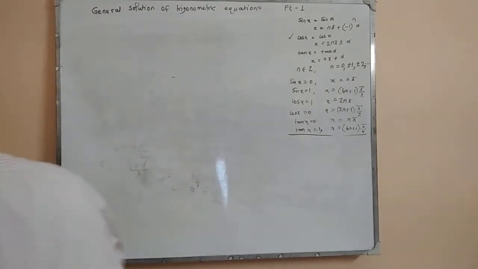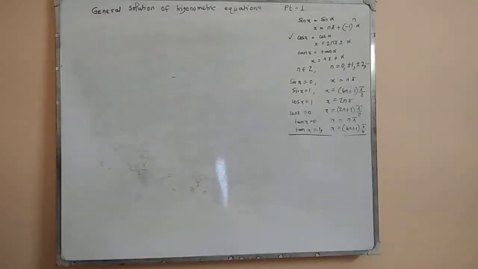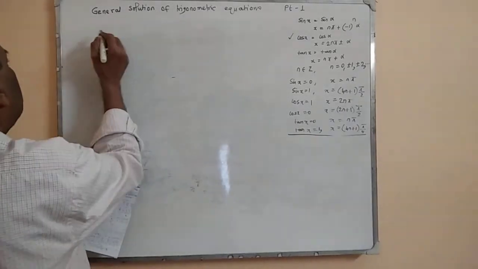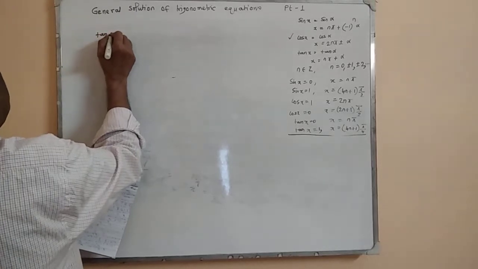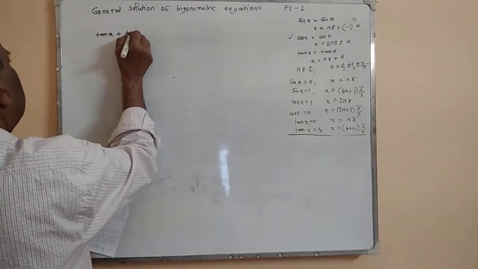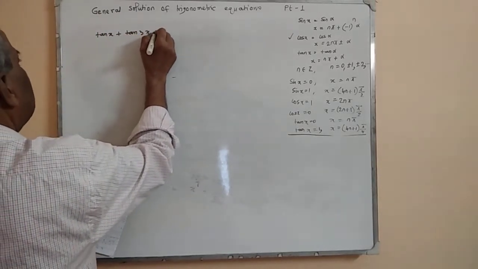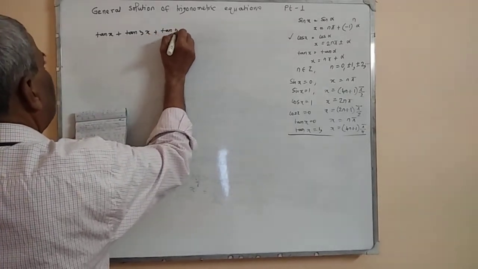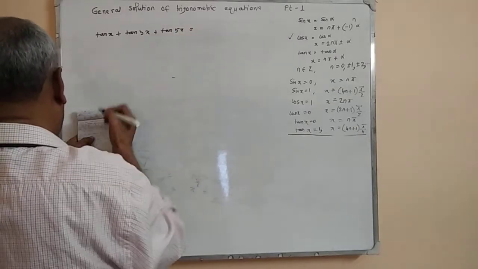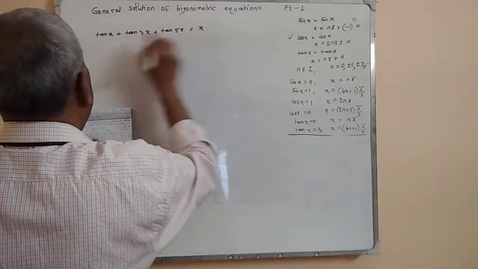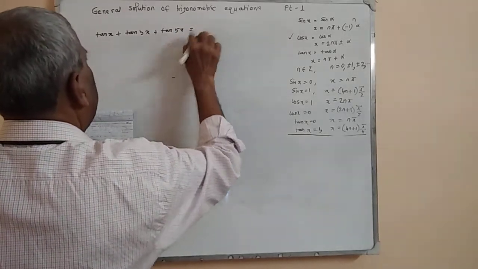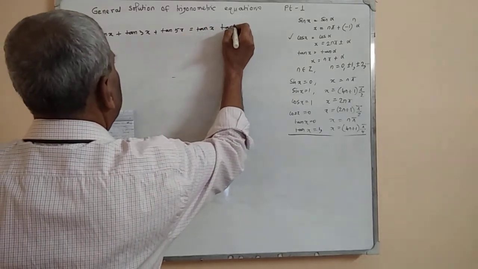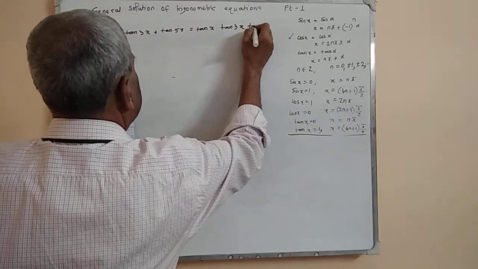The general solution of tan x plus tan 3x plus tan 5x is equal to tan x, tan 3x, tan 5x, their product.